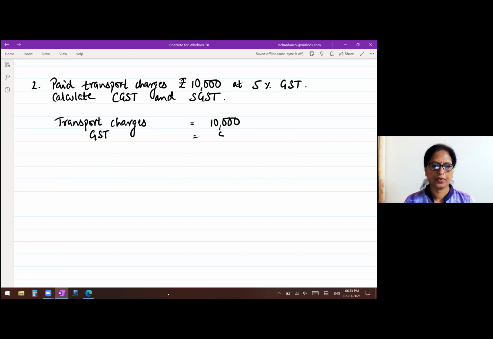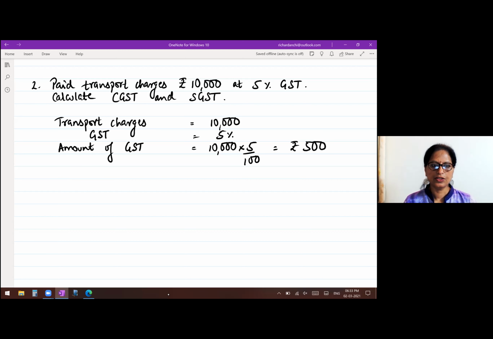GST is 5%. The amount of GST 10,000 into 5 upon 100. So that is equal to 500.